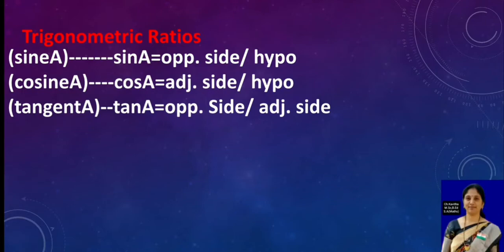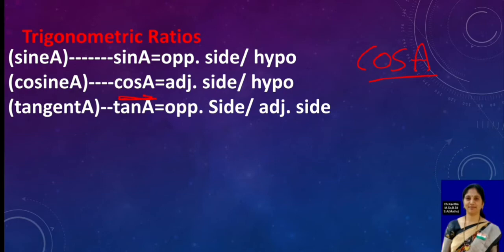Cosine A, generally we write like this, cos A, but we have to read it as cosine A. So cosine A is equal to adjacent side by hypotenuse, and tangent A is equal to opposite side by adjacent side.